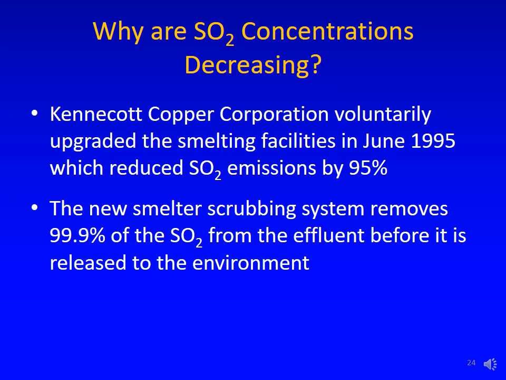Well, the Kennecott Copper Corporation voluntarily upgraded their smelting facilities in 1995 to reduce the sulfur emissions by 95%. Their new scrubbing technology removes 99.9% of the sulfur dioxide from the smokestack before it is released into the environment. This was quite a substantial investment of about $1 billion into the technology to clean the effluent.